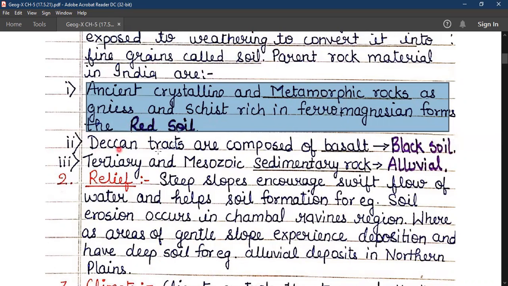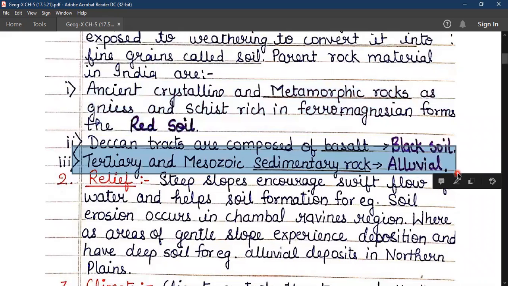Second, the Deccan tracts are composed of basalt, which forms the black soil. And number three, tertiary or Mesozoic sedimentary rocks, which form the alluvial soil.